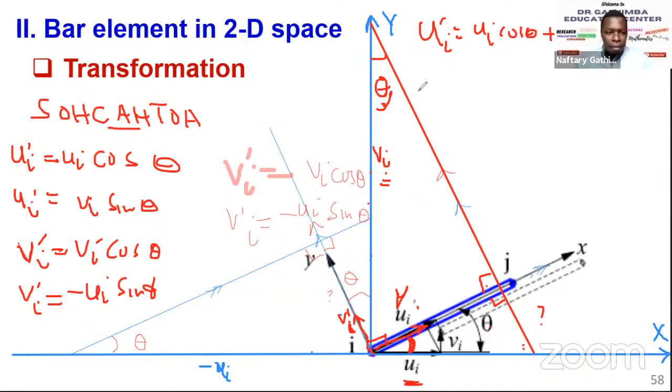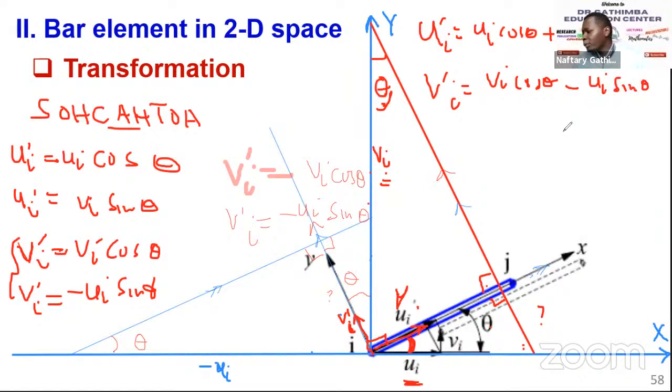And the same, the V prime I is a combination of, so V prime I will be equal to Vi cos theta plus or minus, this will be minus Ui sin theta.